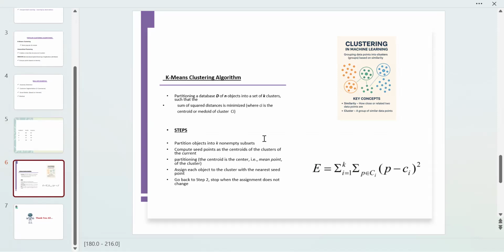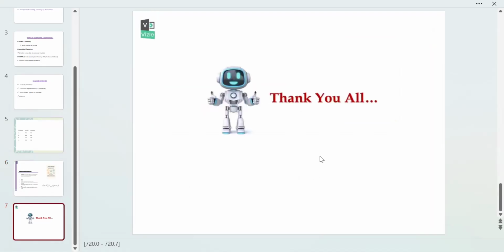And partitioning happens again. You assign each object to the nearest cluster, based on the distance between the points, and we categorize which cluster each point belongs to. These steps will be repeated until all the data points have been grouped in clusters and there are no other data points left out.